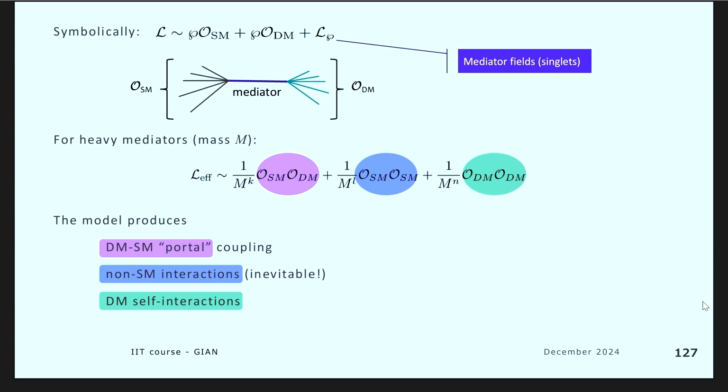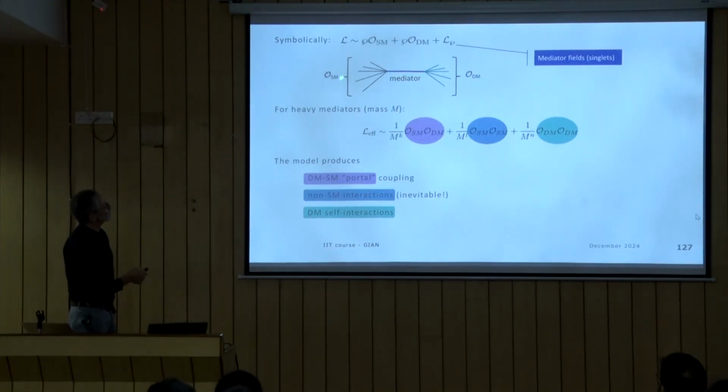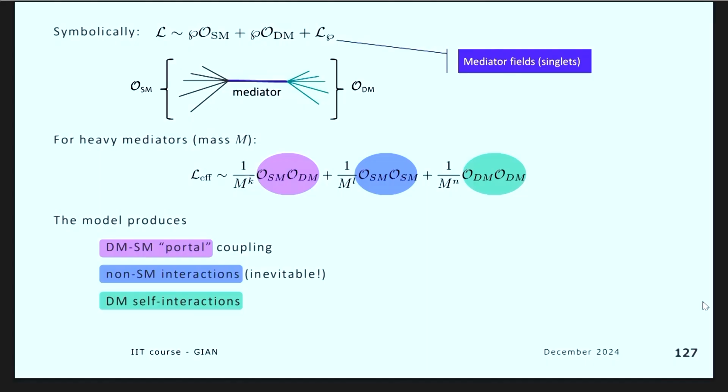So when you square this, because the mediator couples to SM and DM, you must get SM-DM terms, but also pure standard model and also pure dark terms. This is inescapable. These can be tested at the standard model, at the LHC directly.